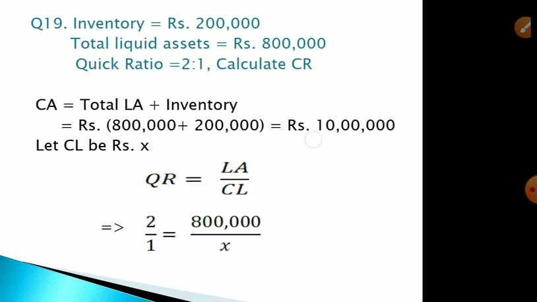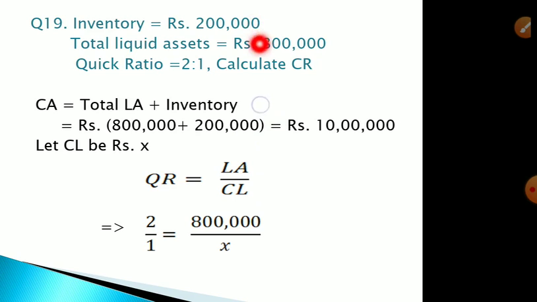Now, question number 19. In this question, inventory amount is given as 2 lakh. Total liquid assets is given as 8 lakh. Quick ratio is given as 2:1. We have to find the current ratio. Now, the formula for current ratio is current assets by current liability.